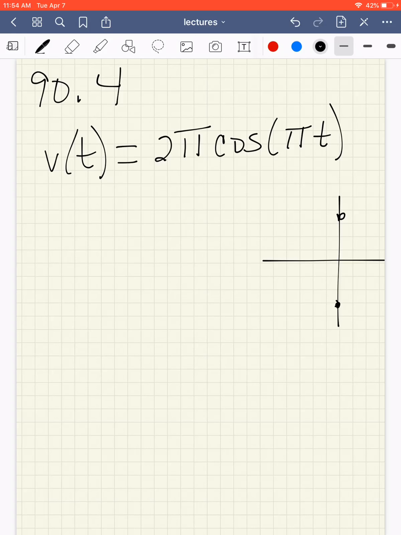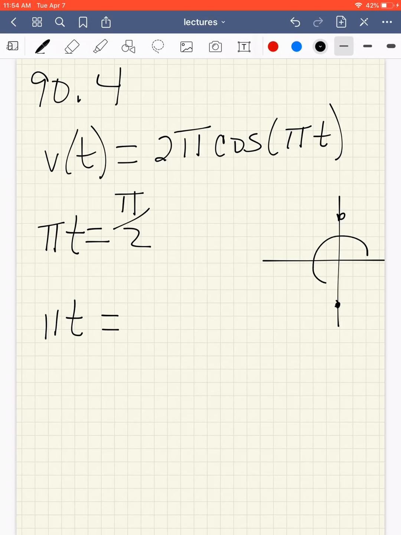So then we can just take pi t is equal to pi over 2, because that's where the cosine is 0. And then pi t is equal to 3 pi over 2.